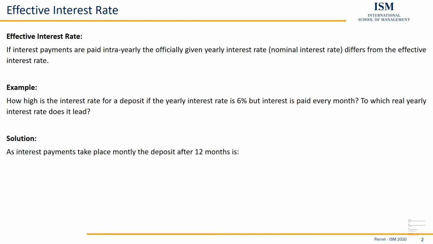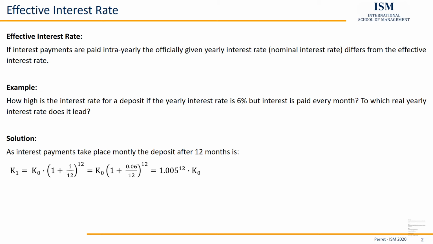So for this, we're going to take the formula we already know for sub-period interest payments. We insert 12 as the number of periods. So after 1 year, with an assumed or nominal interest rate of 6%, we get that the capital after 1 year is actually 1.005 to the power of 12 times the initial investment.